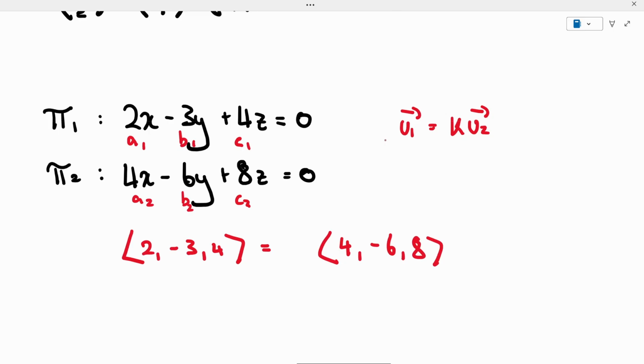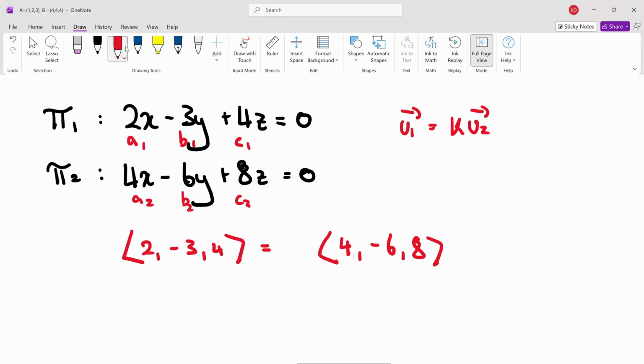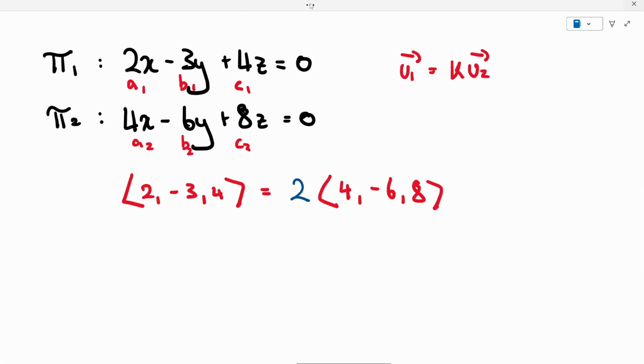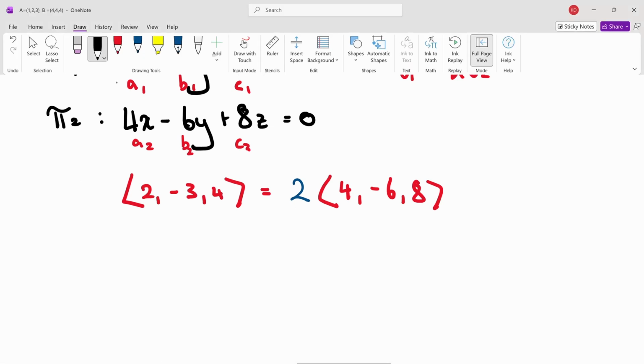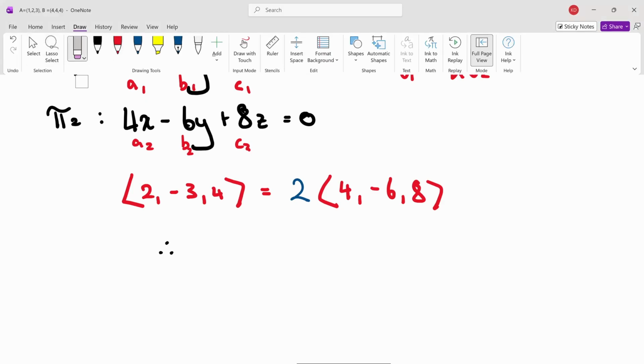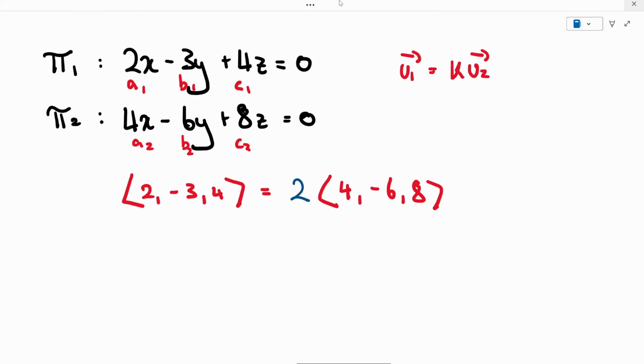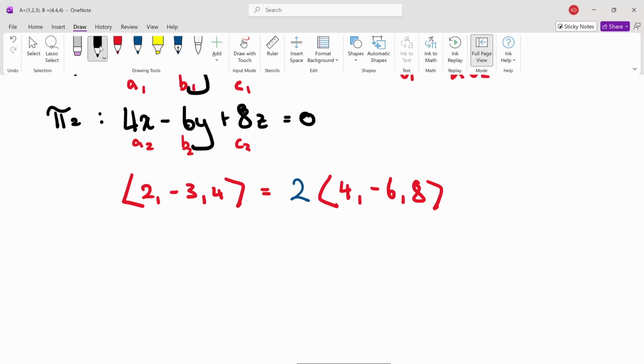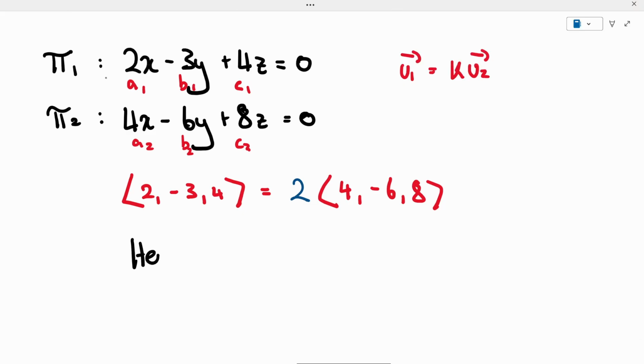If we multiply by 2, we get that. So what we just showed is that, hence, V1 is equal to K V2. Therefore, the planes are parallel.